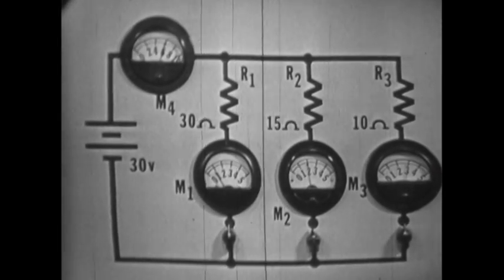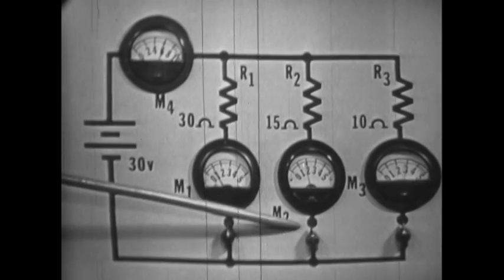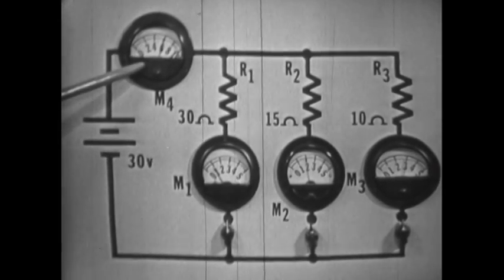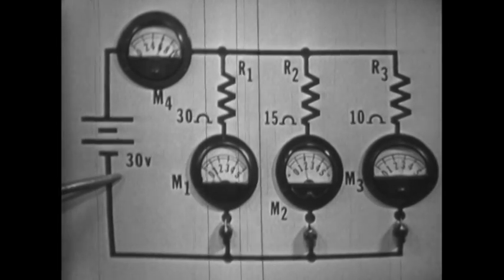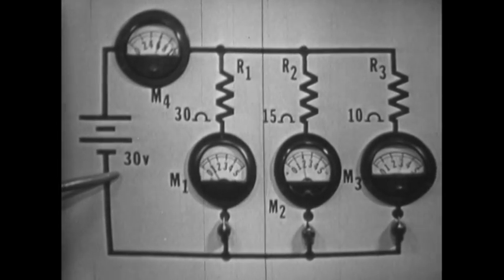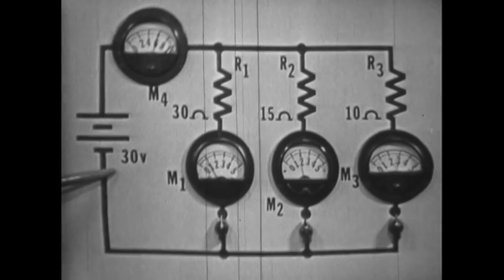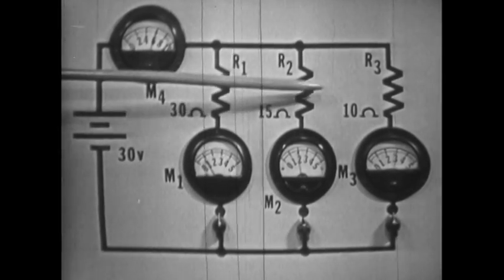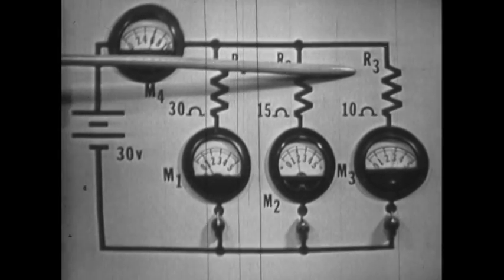Recall also that each time we added a branch, the total current increased, while the voltage was the same in all cases. This can mean only one thing. Total resistance decreases as more parallel branches are added.